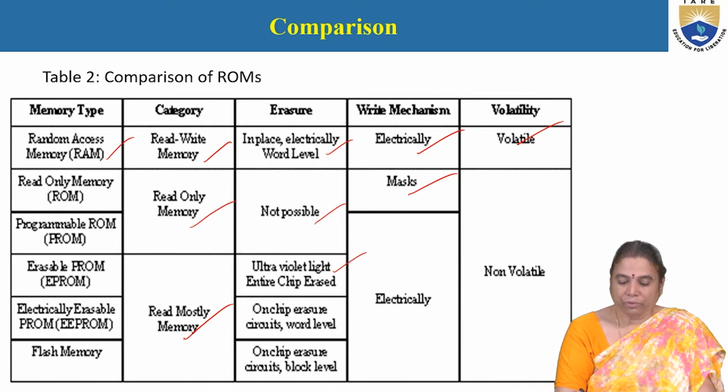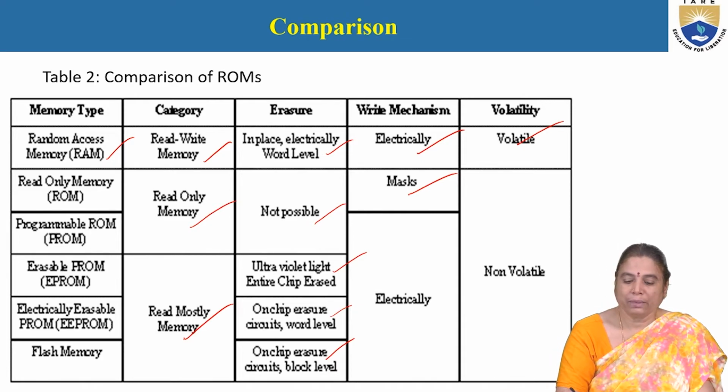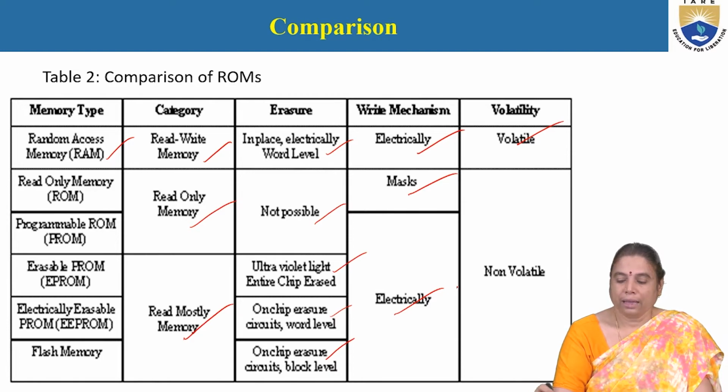In the case of E-squared PROM and flash memory, electrical signals are used. So erasure and writing can be supported in EPROM, E-squared PROM and flash memory with the help of electricity, and ROM is non-volatile in nature. So these are the features and varieties of the various memories of the main memory.